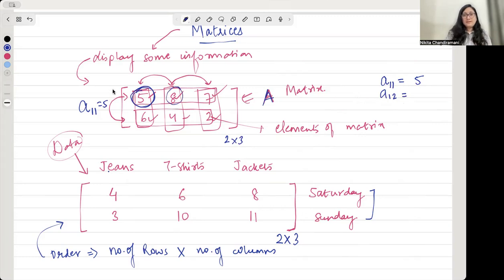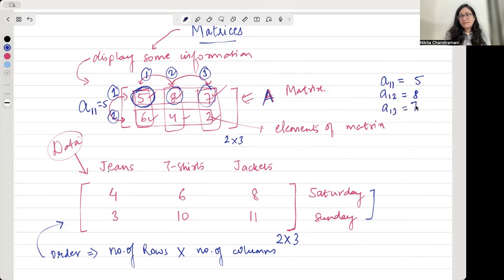Then the first row, third column element will be A13.